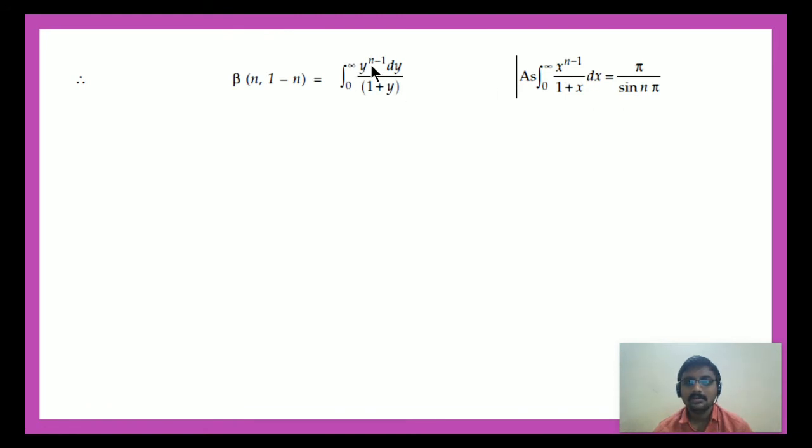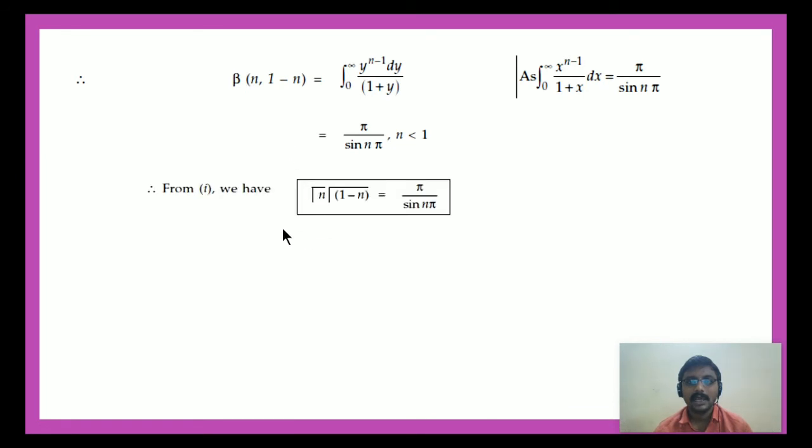So now this value becomes pi by sine n pi. So for n less than 1, it is the value pi by sine n pi. But what is the value of beta of n comma 1 minus n? From equation 1, we will have gamma n into gamma 1 minus n is pi by sine n pi.